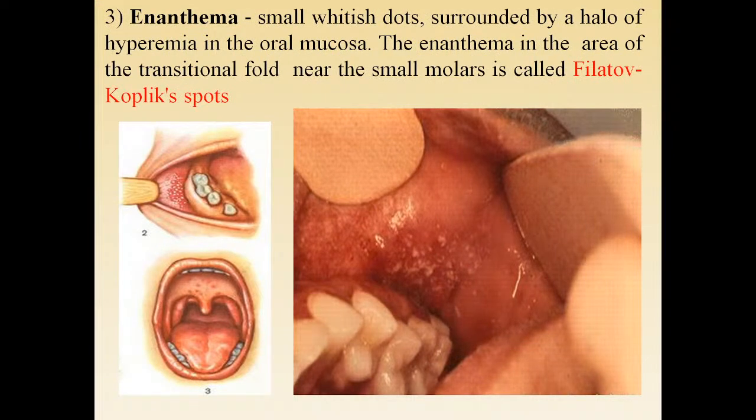Next, morphological signs: enanthema. Enanthema appears as small whitish dots surrounded by a halo of hyperemia.